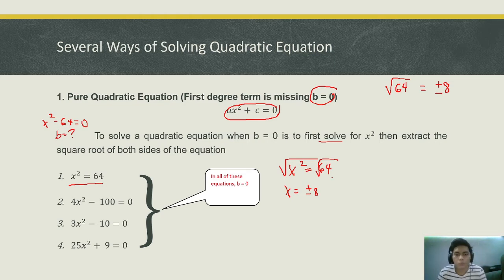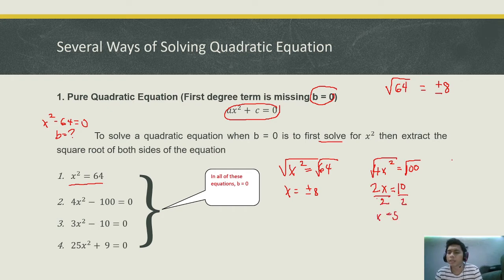For number 2, we have 4x squared equals 100. So transpose to the right. There are two ways. You can take the square root of both sides right away, so 2x equals 10. Divide both sides by 2, and x is now 5.